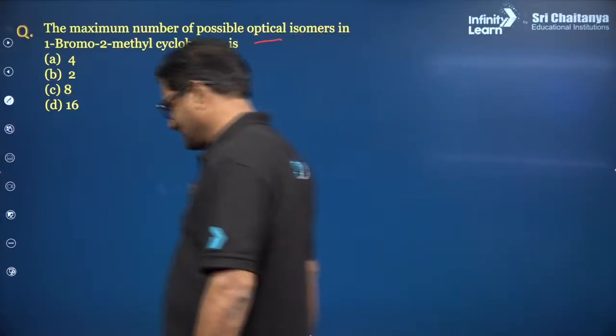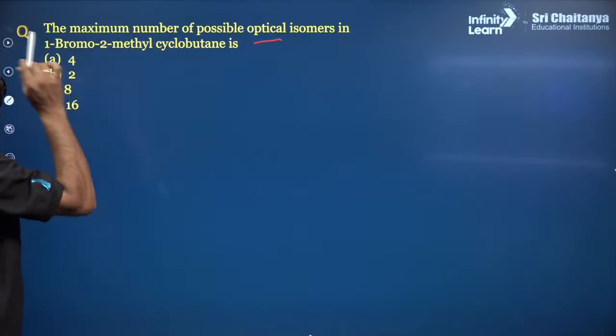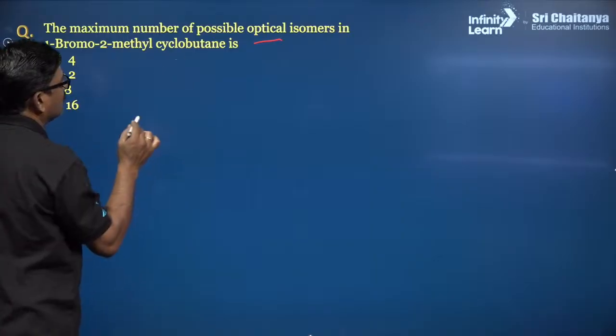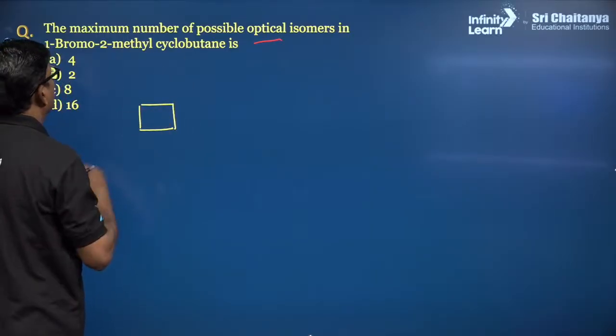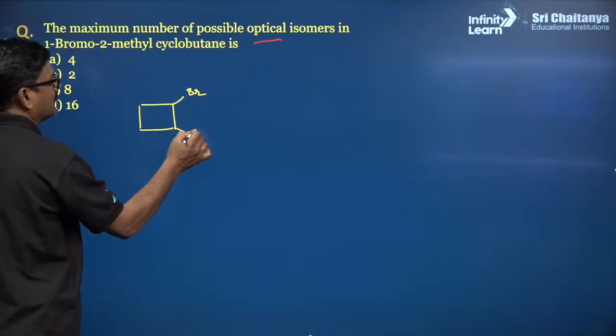Monica, what is the actual structure of 1-bromo-2-methyl cyclobutane? So this is your cyclobutane, 1-bromo-2-methyl.